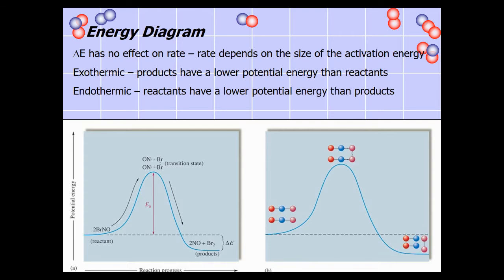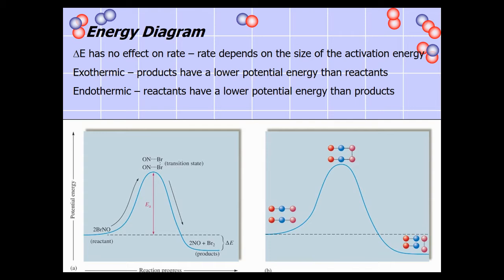The change in energy, delta E, refers to the difference in energy between the products and the reactants. You can see delta E has been labeled on our energy diagram here. This has no effect on rate. Rate depends upon the activation energy. You can see that the activation energy has also been labeled on our energy diagram. It's the difference in energy between the energy of the reactants and the peak of our graph.